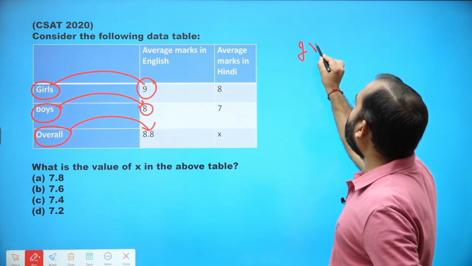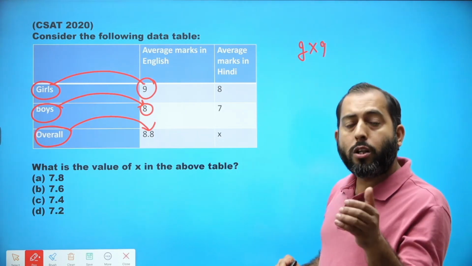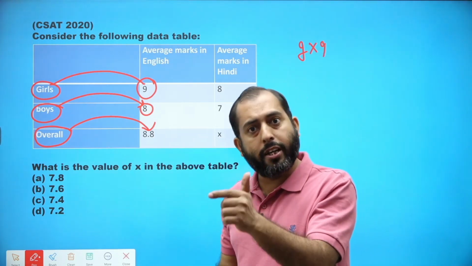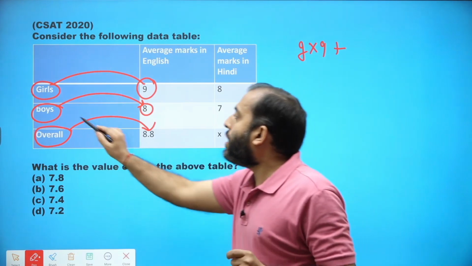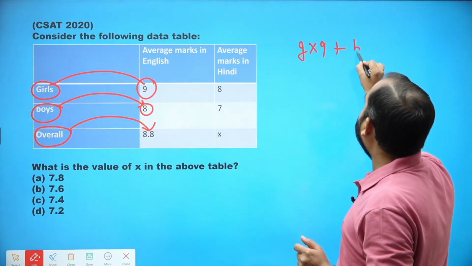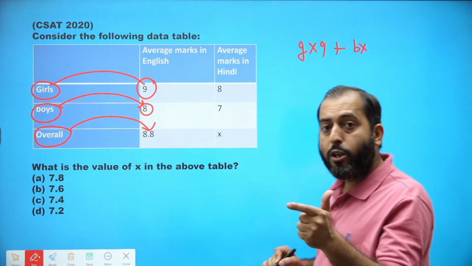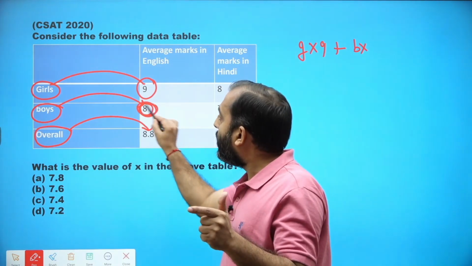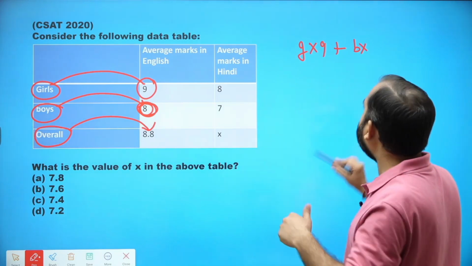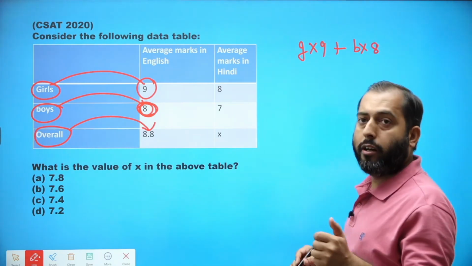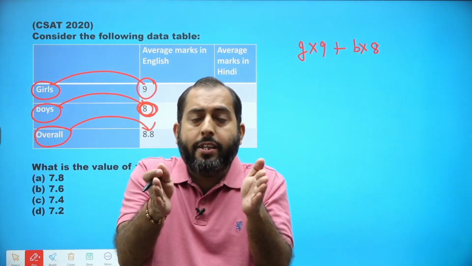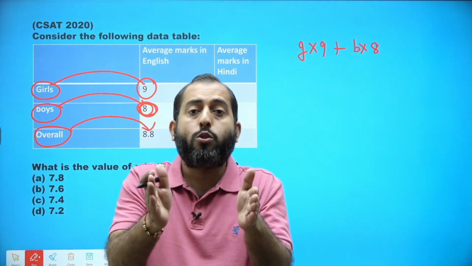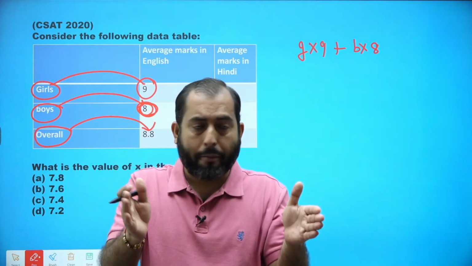So G into 9 will give me the total score of girls in English. Plus, let's say the number of boys is B. Number of boys into their average in English, which is 8, will give me the total score of boys in English.